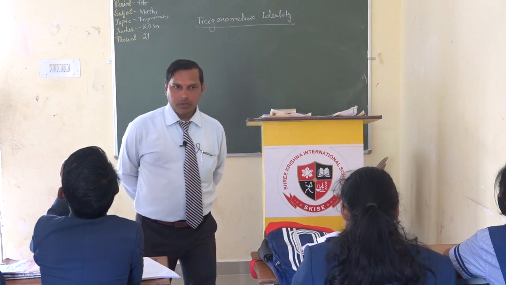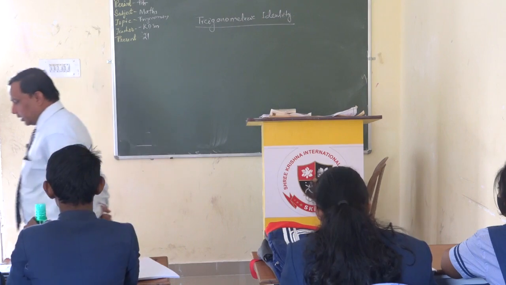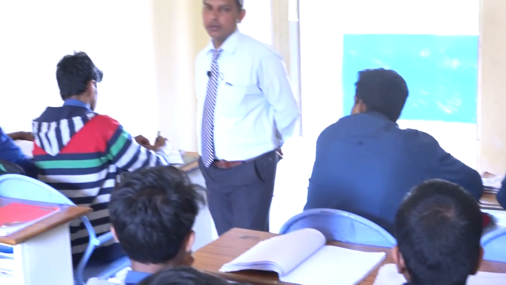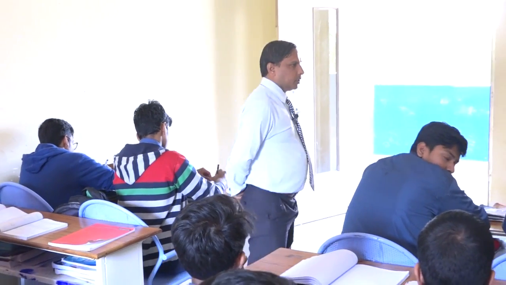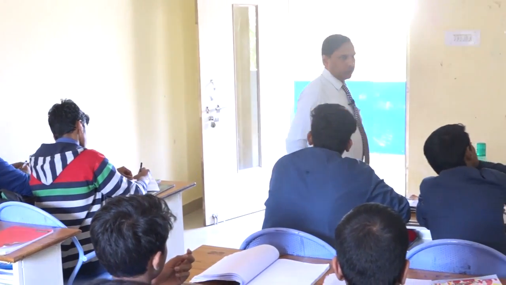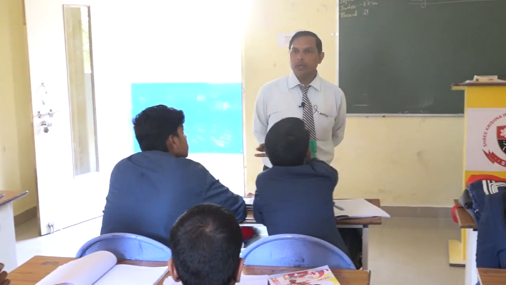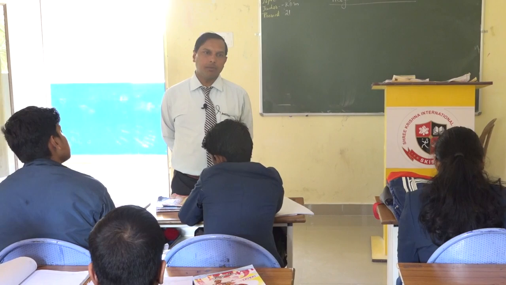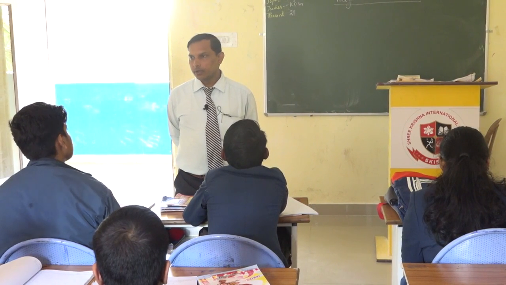That already you know. As you know, when an algebraic expression makes an equation, it is true for the identities. But here we are going for some identities which are true for all the trigonometrical ratios.